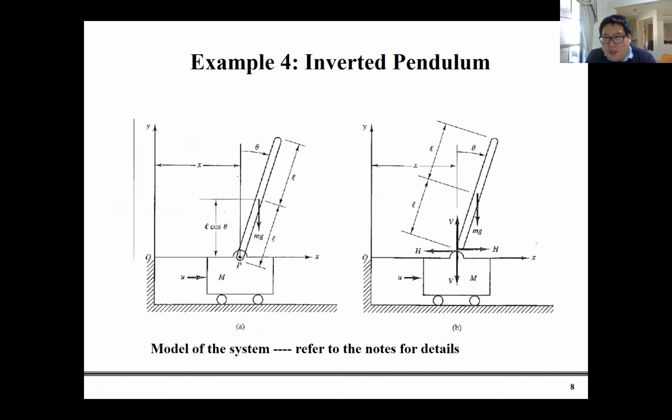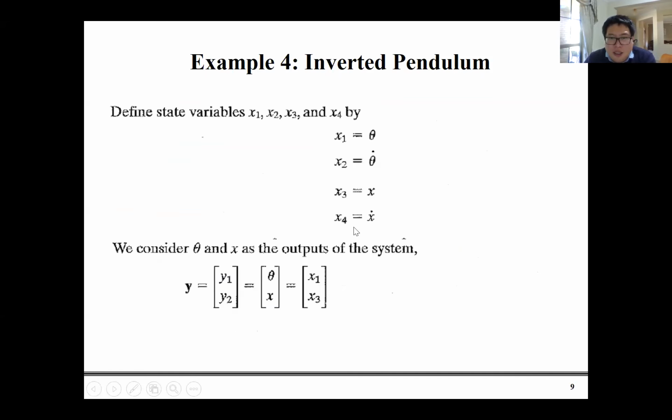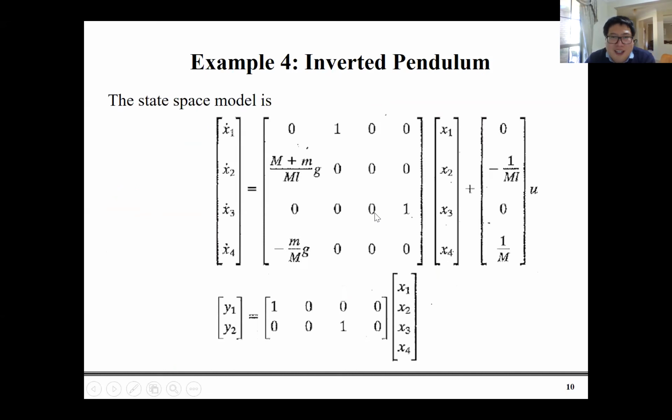So maybe in the handout activities, then Malin will work with you on those things as well. And also, I put the formulation already for the inverted pendulum. Then you can try to formulate it and also try to play with it by yourself.